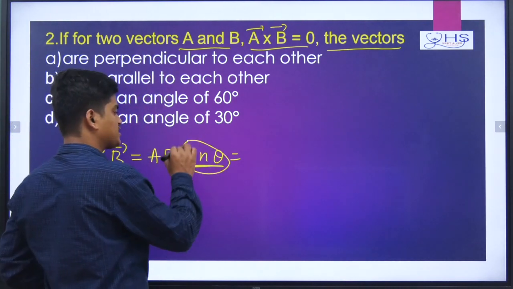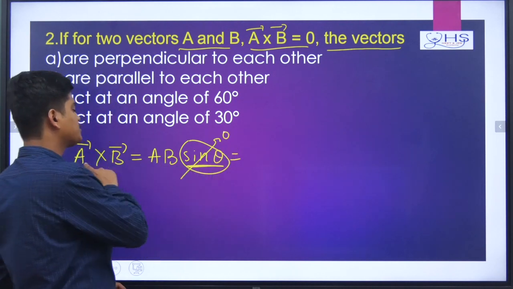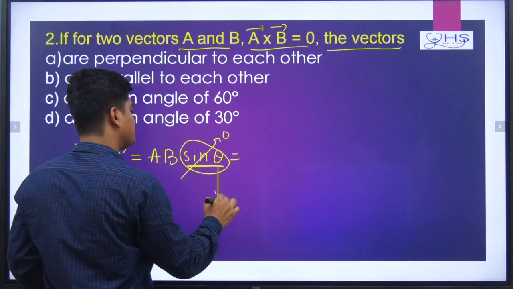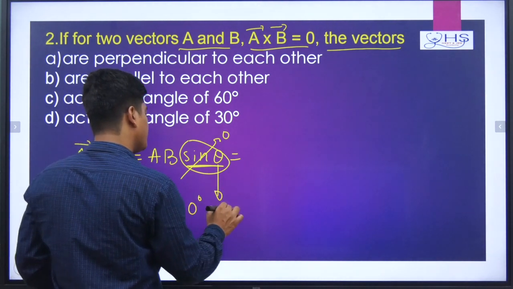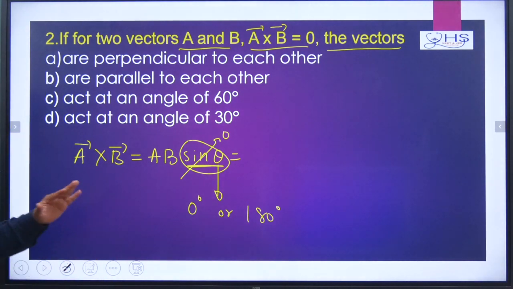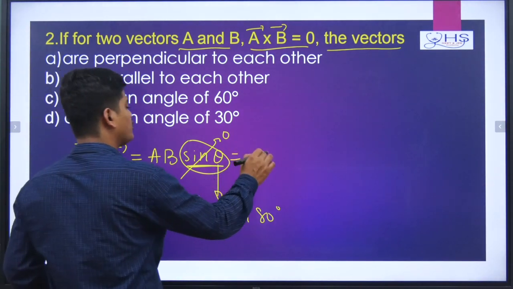Only when sin becomes 0 does A cross B become 0. Now sin can become 0 if theta is either 0 degree or 180 degree, since sin 0 is 0 and sin 180 is 0.